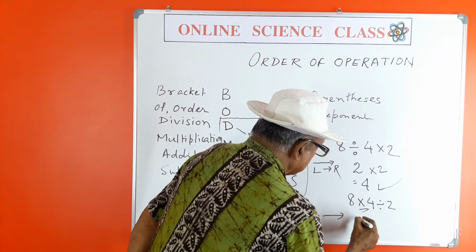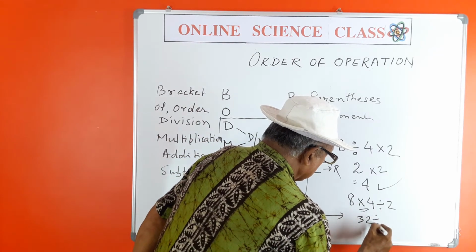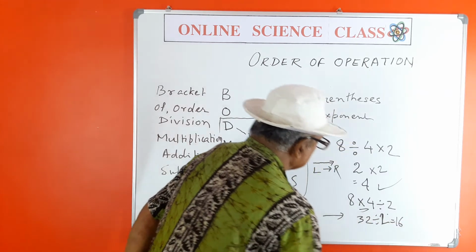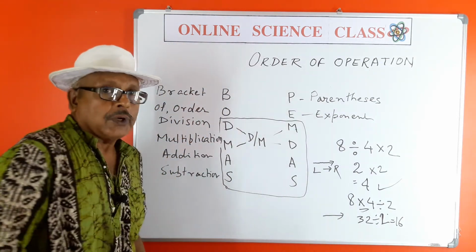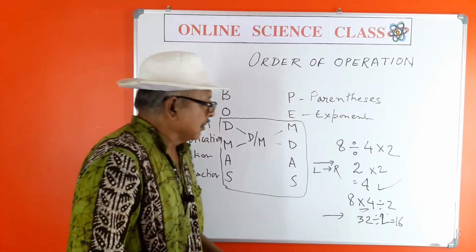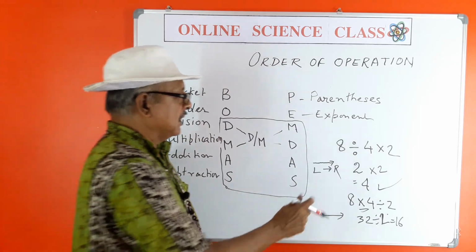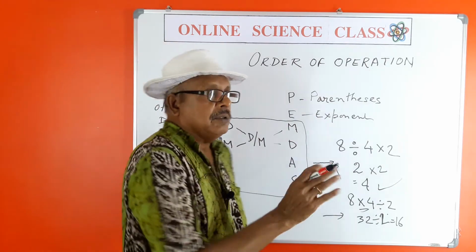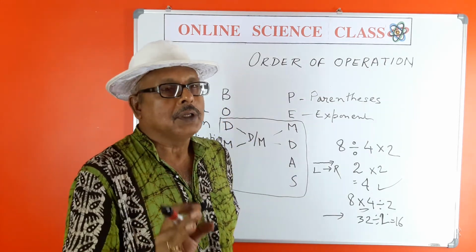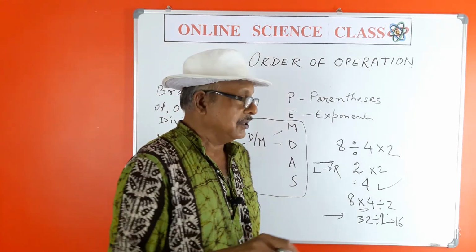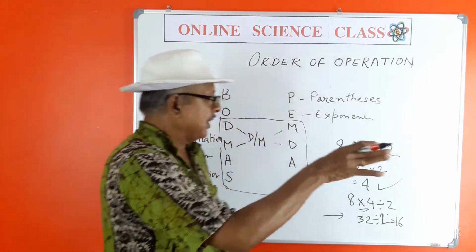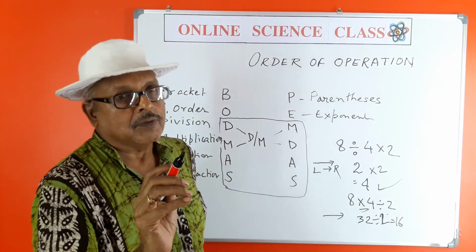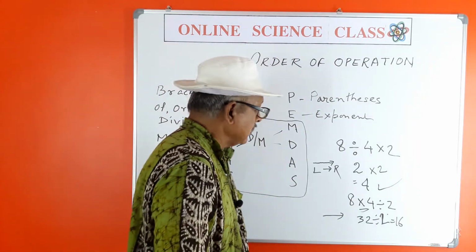So 4 8s are 32, divided by 2 equals 16. Okay? Because many people make the mistake here. Some people think that division should be done first. Some people think no, multiplication should be done first. But the rule is, you look from left to right, which one comes first, you do that operation first. Okay?